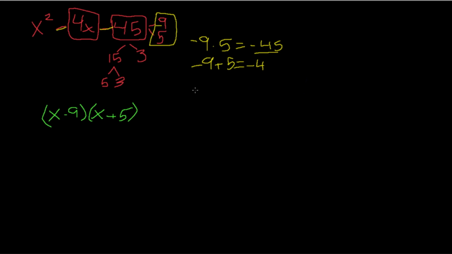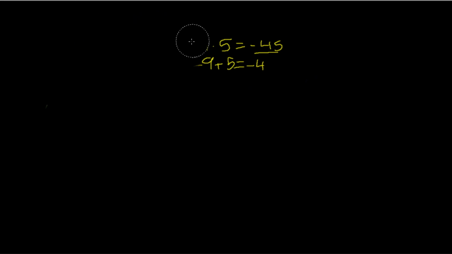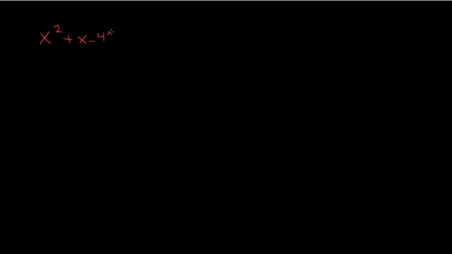Now, it was a pretty easy problem to factor, so we'll do another one. Let's see which one looks good. I think we'll do x squared plus x minus 42.